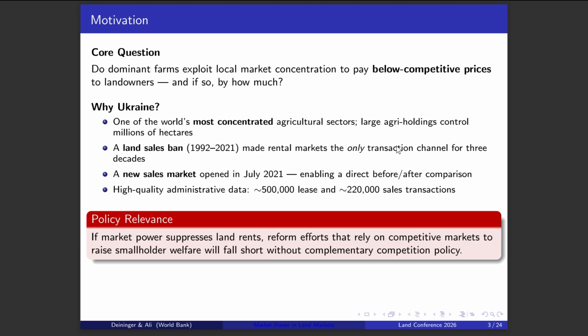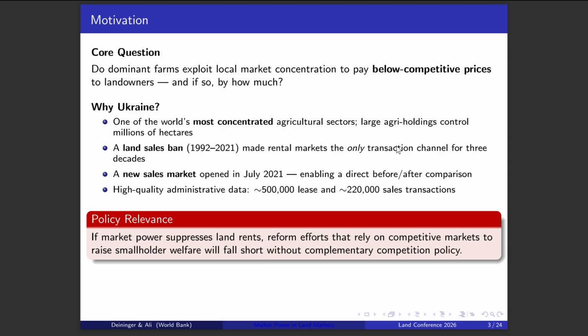And for the last 3 decades, there has been a moratorium on land sales. So the land rental market was the only option that allowed land to change hands.